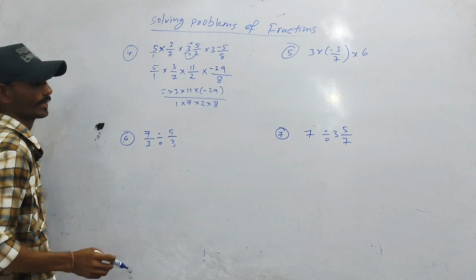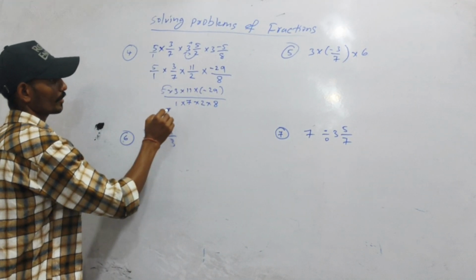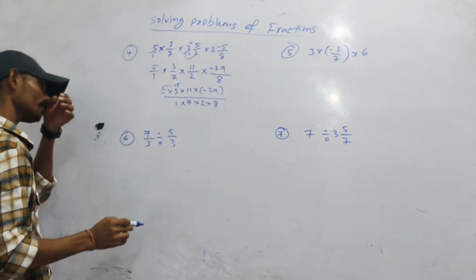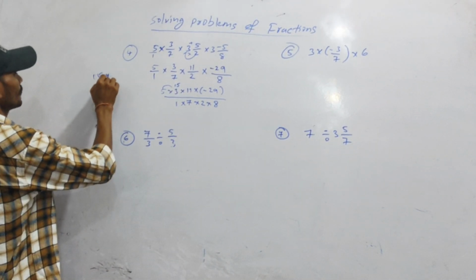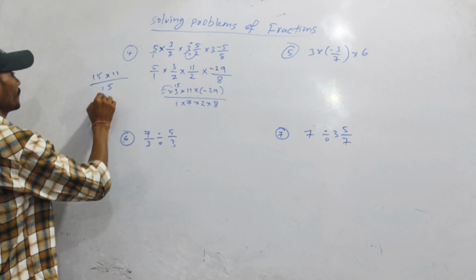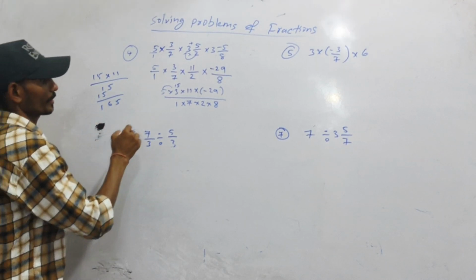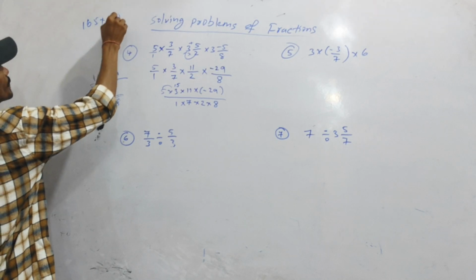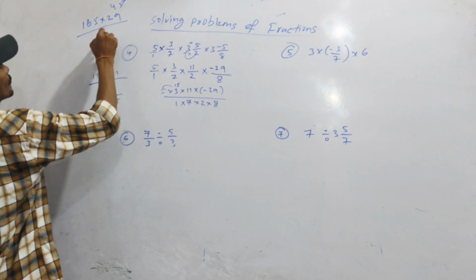Now you are going to multiply. 5 3s are 15, 15 11s are 165. Let's do it inside. 165 29s are 4785.